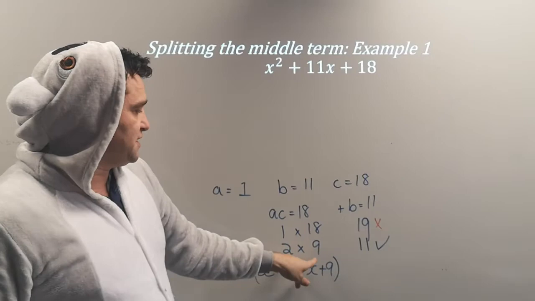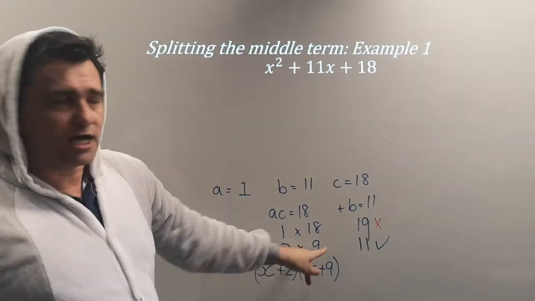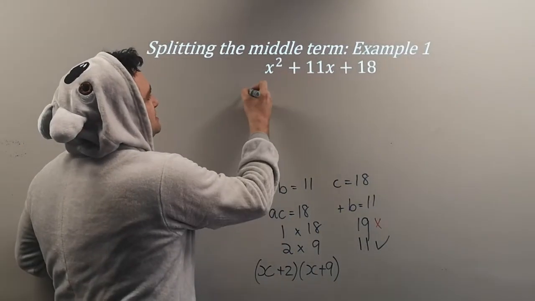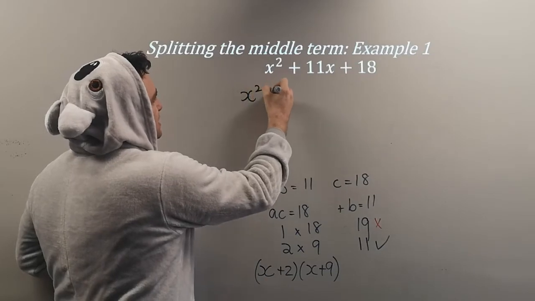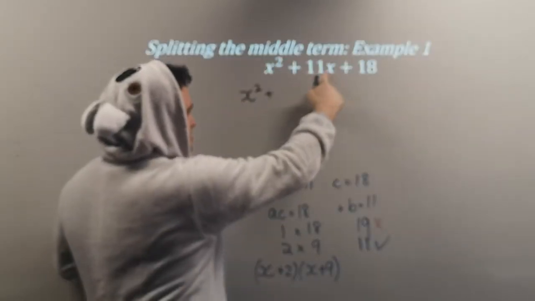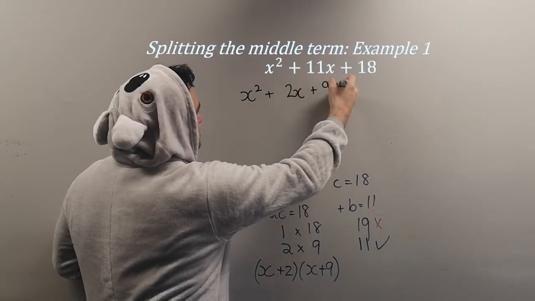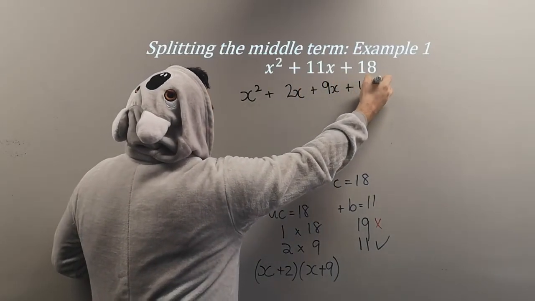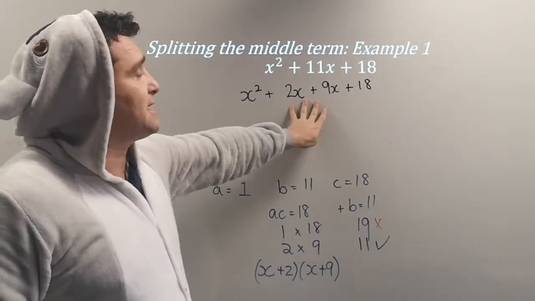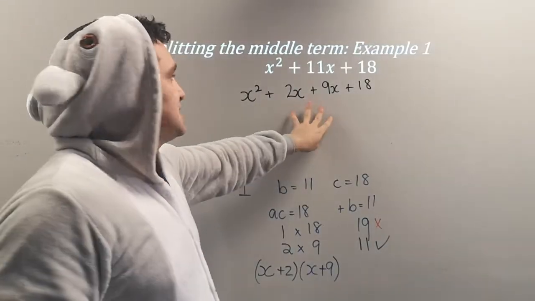So when we find these two numbers, 2 and 9, we split this 11. So we have x squared plus 2x plus 9x plus 18. And it doesn't matter which order you put these in, so long as our numbers are correct.